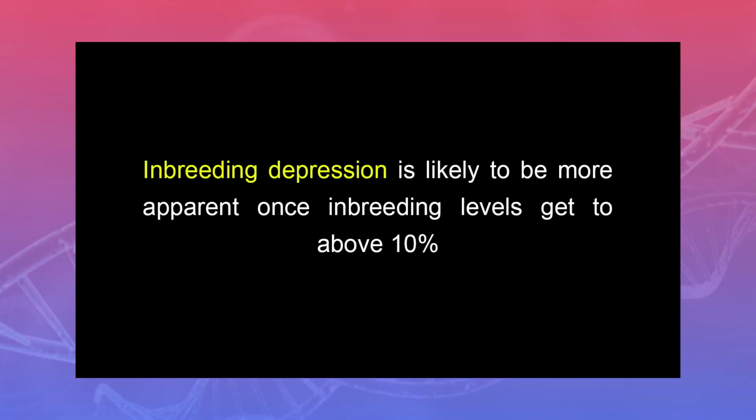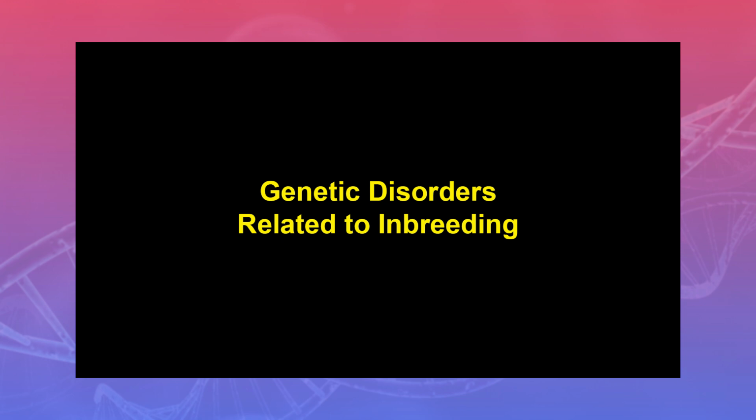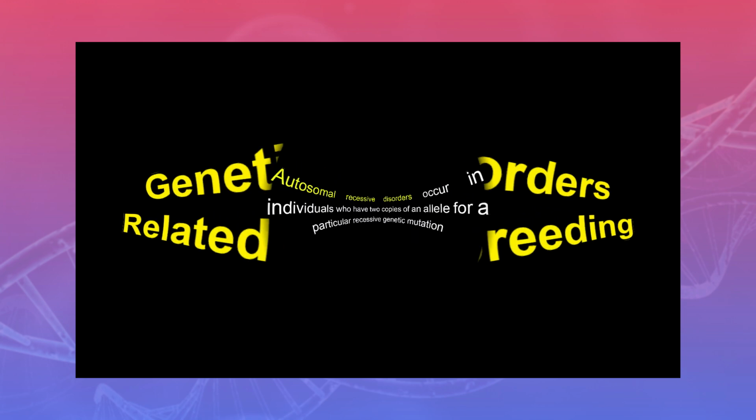However, inbreeding depression is likely to be more apparent once inbreeding levels get to about 10%. As a very rough guide, there is often a 2 to 20% decrease in performance of the trait per 10% of inbreeding coefficient. Dear students, let's now discuss the genetic disorders related to inbreeding.